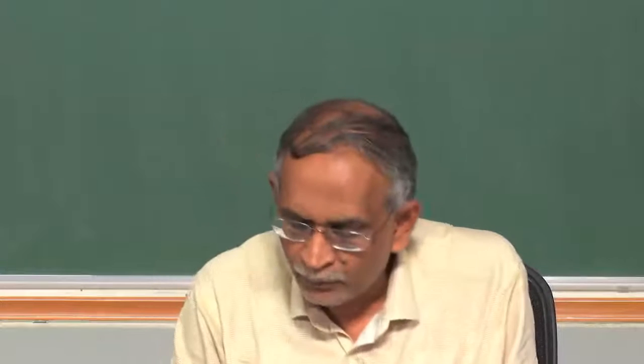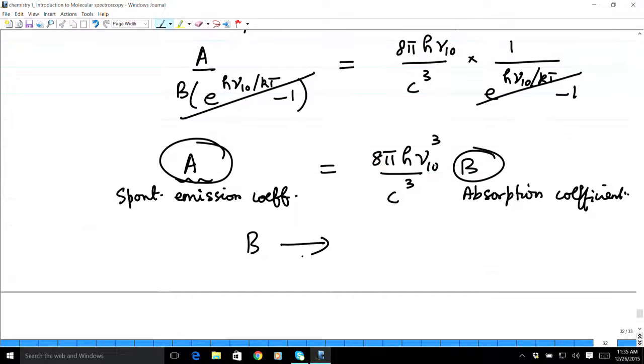And the more important one is that not only that A and B are related, but B will be later shown by more accurate quantum mechanical theories as leading to the square of the dipole moment matrix element. I mean, we will see that later.